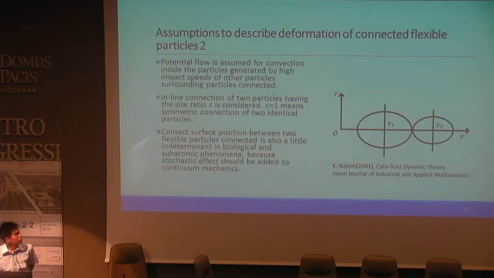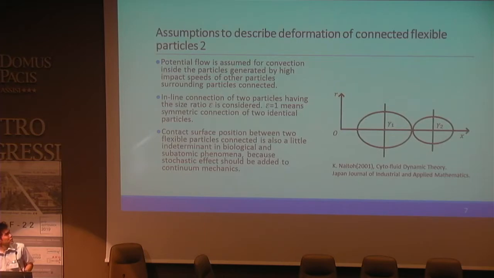Third, the potential flow is assumed for convection inside the particles generated by high impact speeds of other particles surrounding particles connected. And fourth, inline connection of 2 particles having the size ratio epsilon is considered.